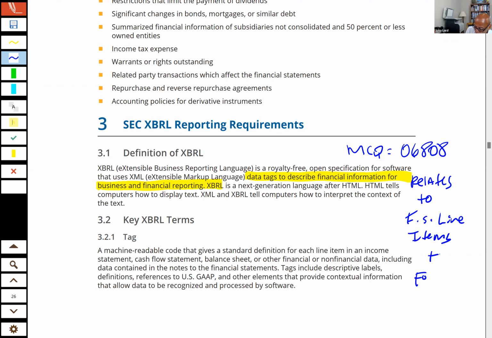Okay, so let's say you wanted to compare, I don't know, the current assets of various SEC companies, of various public companies. What you could do with that XBRL reporting is do a query that will allow you to compare all of the current assets of different companies all across the SEC filings, because they've coded this with XBRL reporting that will allow you to do that kind of comparison.